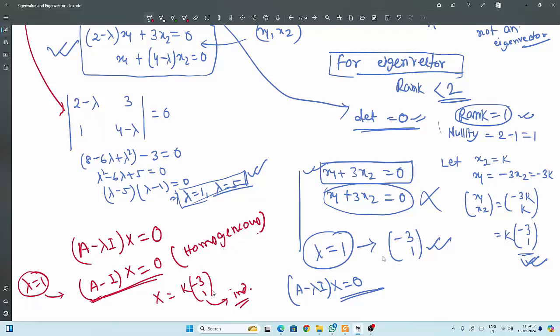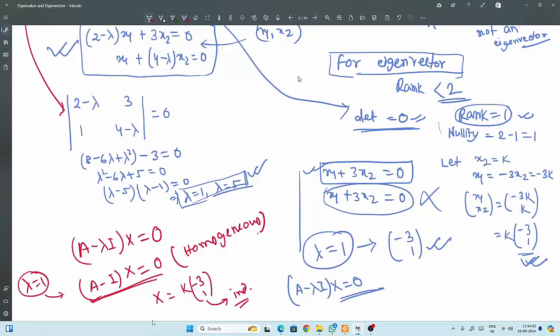That means nullity is the dimension of the homogeneous solution space of this (A - I)x = 0. So whenever you think about the nullity, it will now click in your mind: how many independent vectors you are getting corresponding to lambda equal to 1. Corresponding to lambda equal to 1, you are getting one independent vector. So that is called the nullity corresponding to that (A - I) matrix.